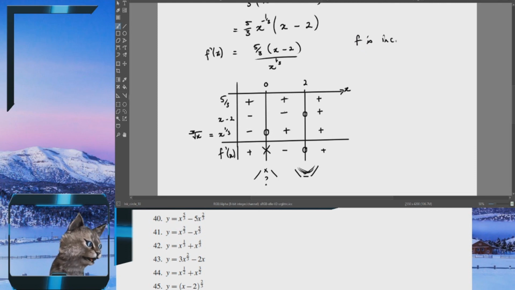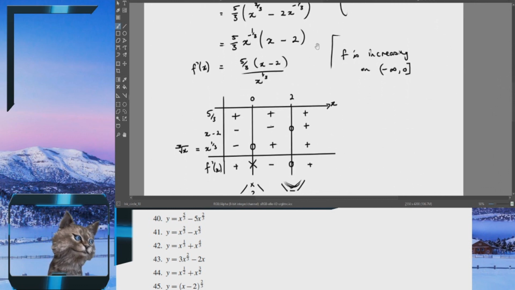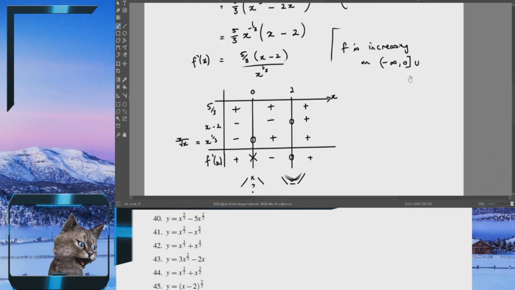F is increasing on negative infinity to 0. Should I include 0? Yes, I should, because this is referring to the original function. Original function is perfectly happy with 0. Also on 2 to infinity.